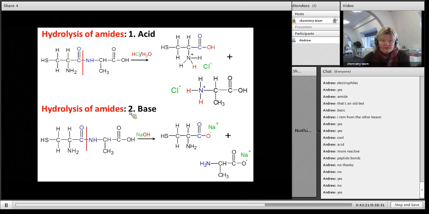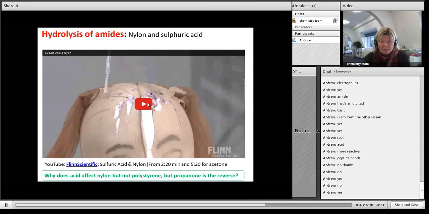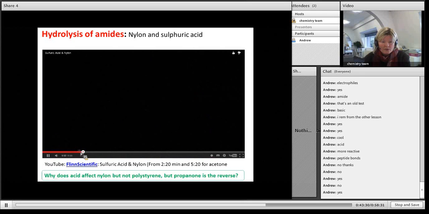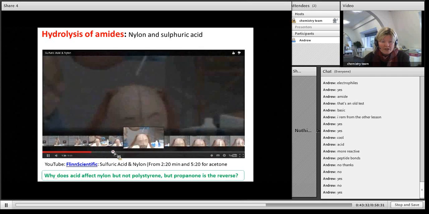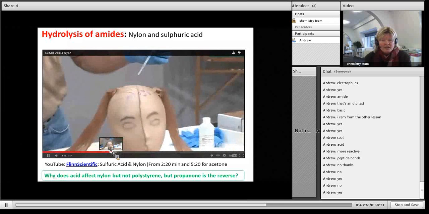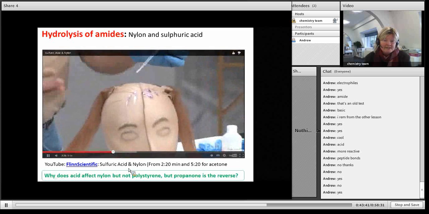Now, this one's quite fun. It's just showing what happens to nylon. They're adding concentrated sulfuric acid to this.